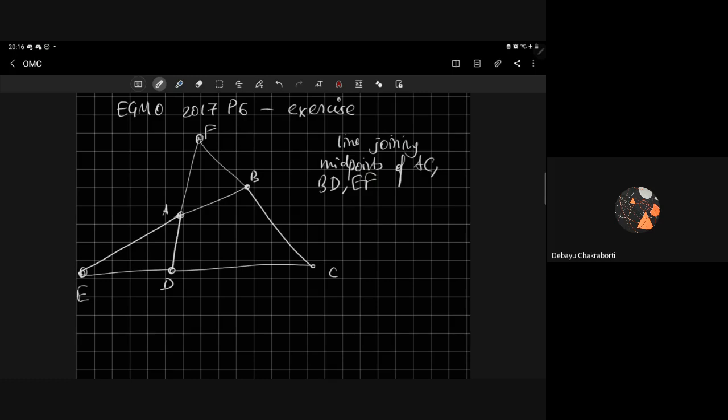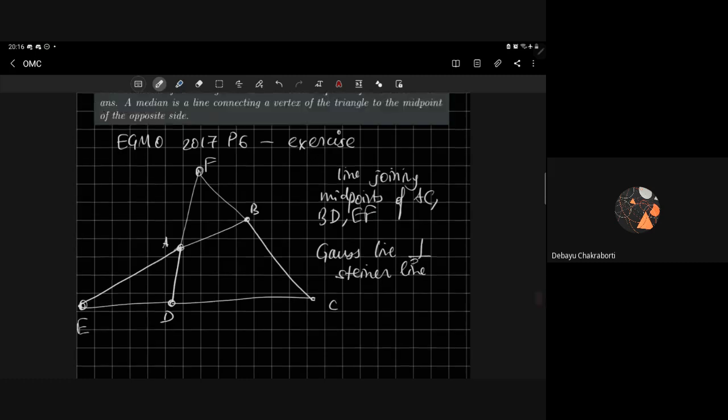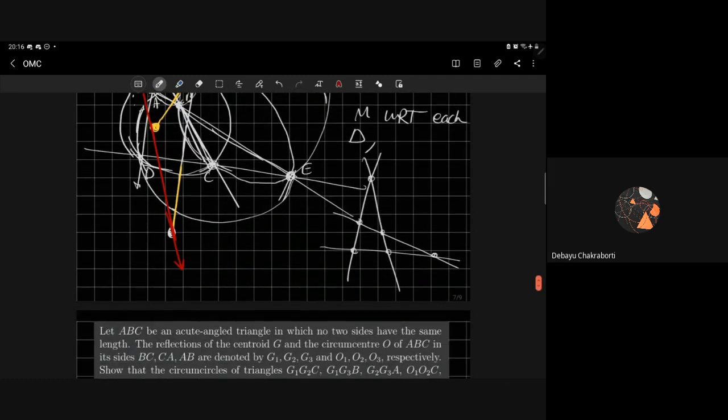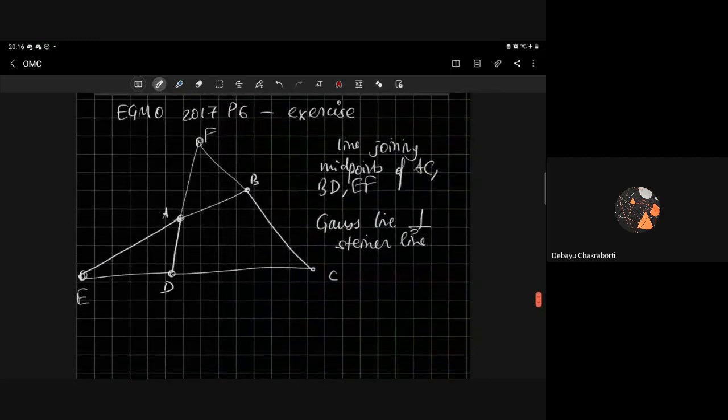So I'll actually show you why these midpoints are collinear, and I'll show you that the Gauss line is perpendicular to the Steiner line. Again, the Steiner line is the line containing the four orthocenters of these triangles.